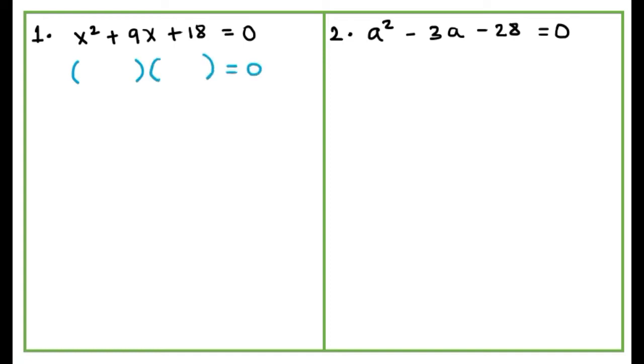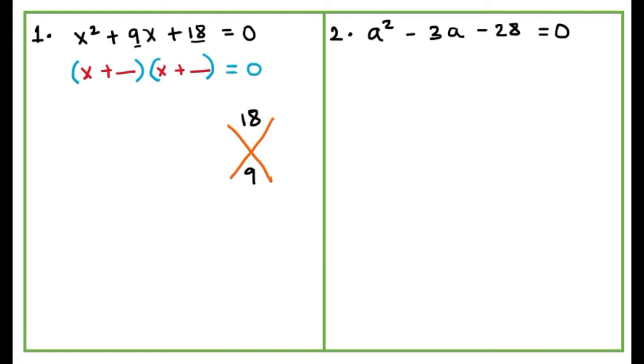Okay, we have got to have x plus a certain number and also x plus another number. What will these numbers be? These two numbers will be the numbers that are multiplied to get 18, and when they are added we get 9.